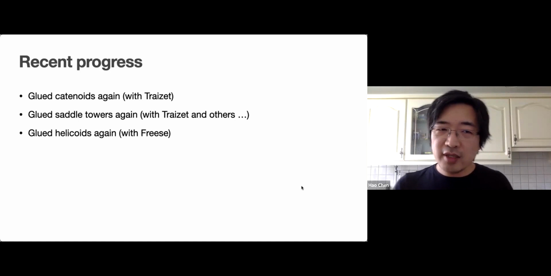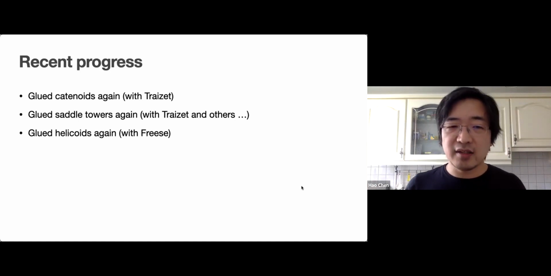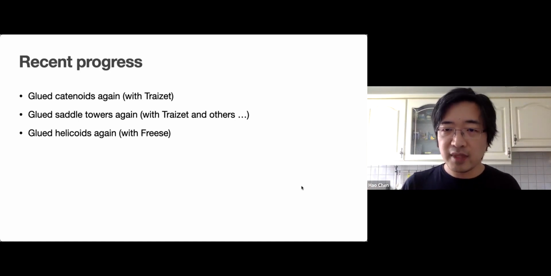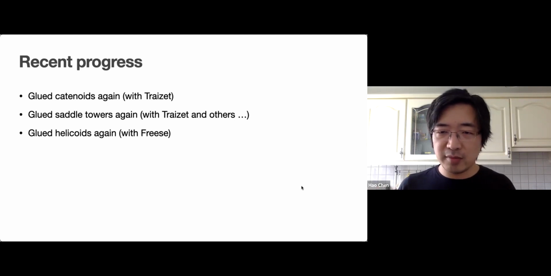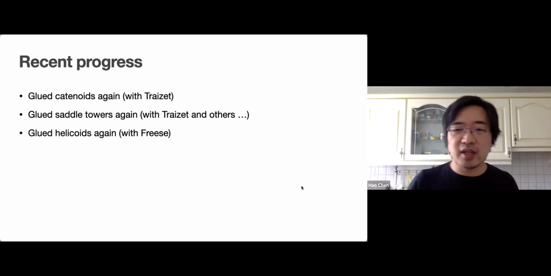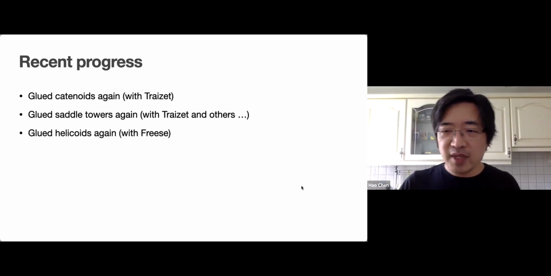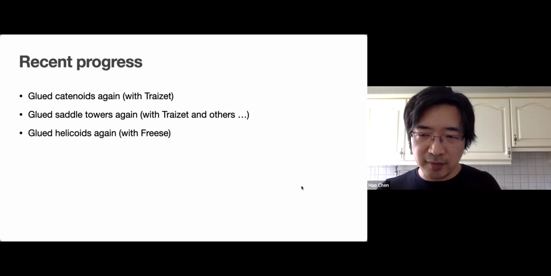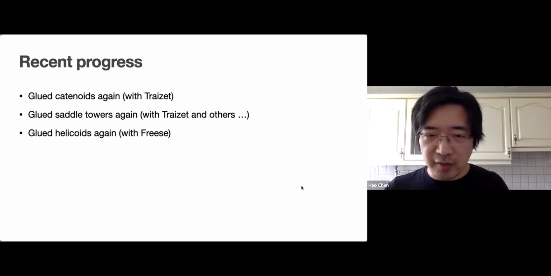Well, we glued catenoids again, and this is joint with Traizet. And I glued saddle towers again, and we also worked on helicoids, glued helicoids into minimal surfaces again. But wait, these have been done by Traizet only. So what was left to be done? Do things get boring if we just work on this again and again?